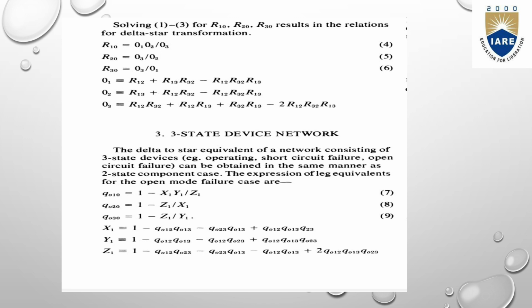The expressions of a leg equivalence for the open mode failure cases are Q10 is 1 minus x1 y1 by z1, Q20 is 1 minus z1 by x1, Q30 is 1 minus z1 by y1. x1 is 1 minus q12 into q13 minus q23 into q13 plus q12 into q13 into q23. In a similar way, you will have values for y1 and z1, and using these formulas you can convert a delta network into a star equivalent network.